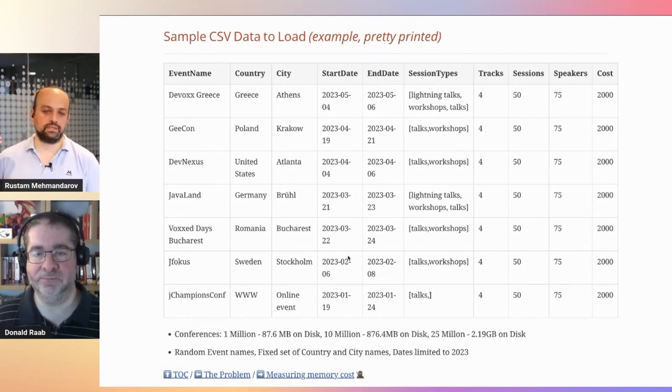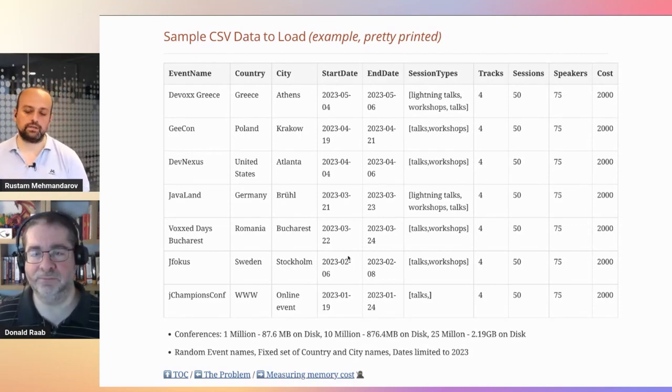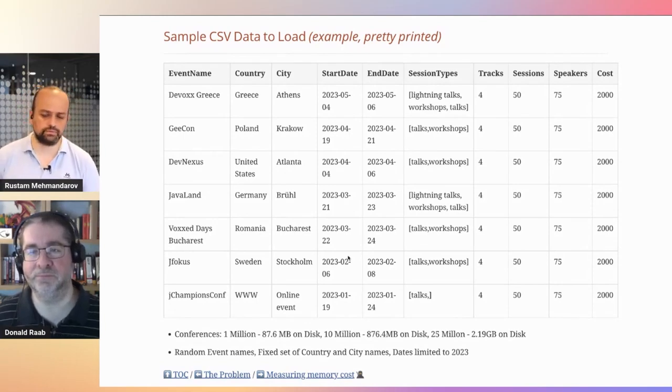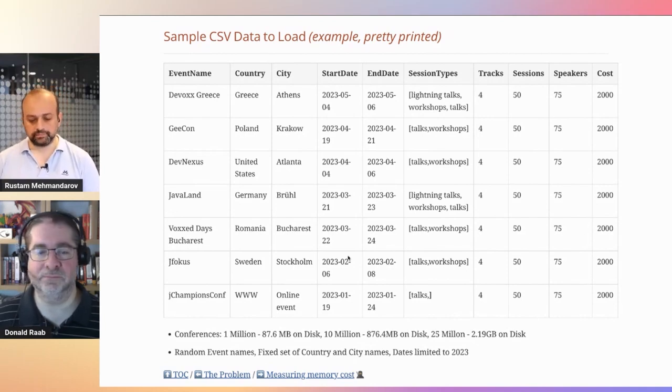It also has an indication of what session types it has, so a list of elements. It might be lightning talks, regular talks, or workshops. And we have some integer values, or values that would typically be represented by integers: number of tracks, number of sessions, maybe even number of speakers, or cost, so how much it would cost.